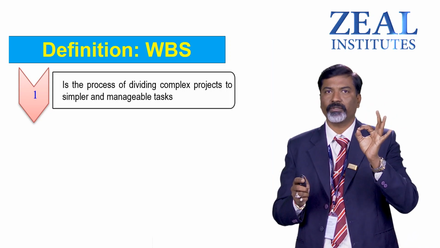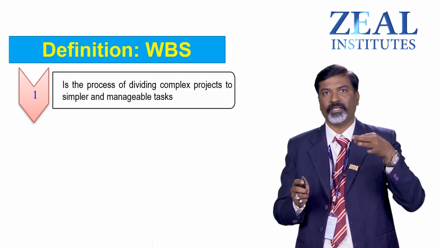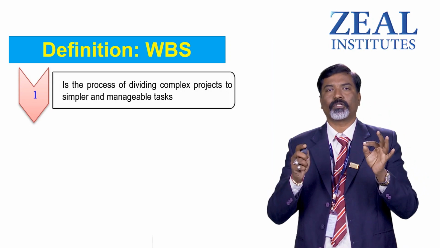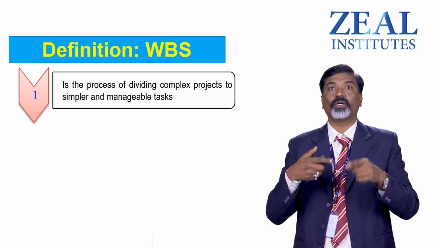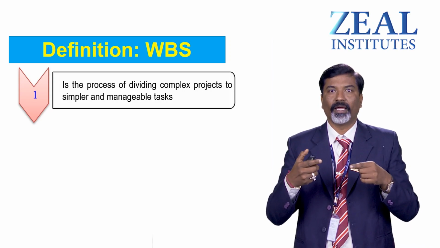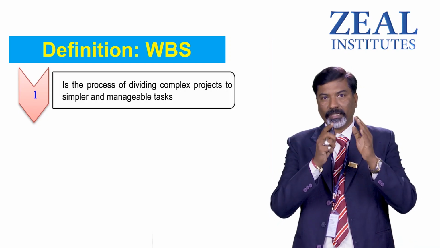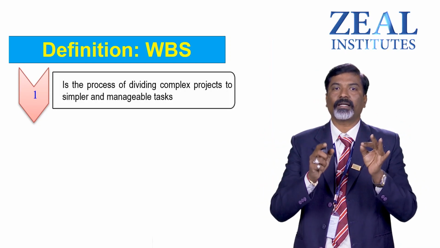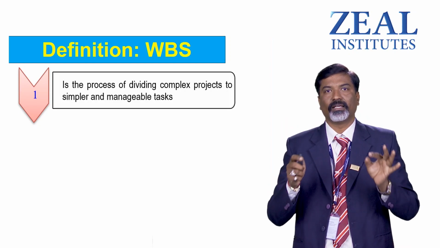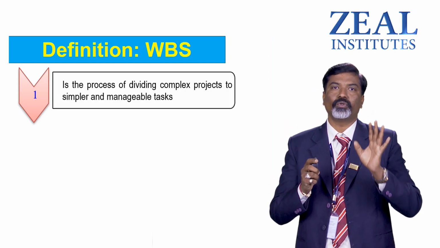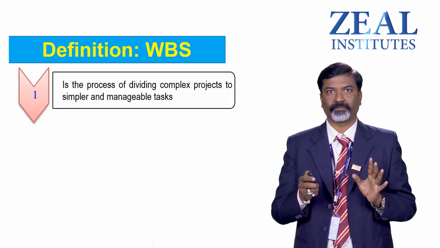A project may be complex or simple, but for a particular project, more than one component is involved and more than one activity needs to be performed. To divide those activities into simpler, manageable tasks and to show them, we use the work breakdown structure concept.